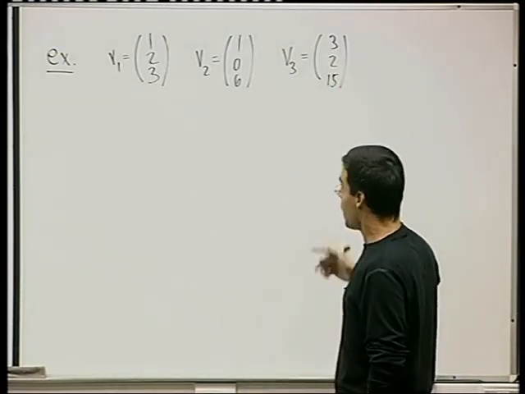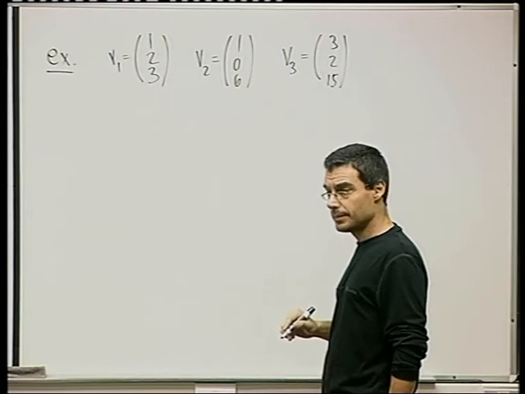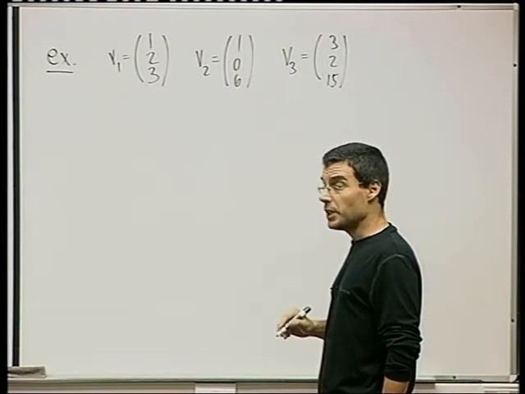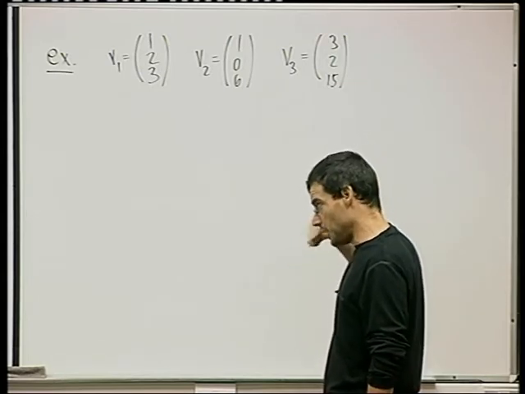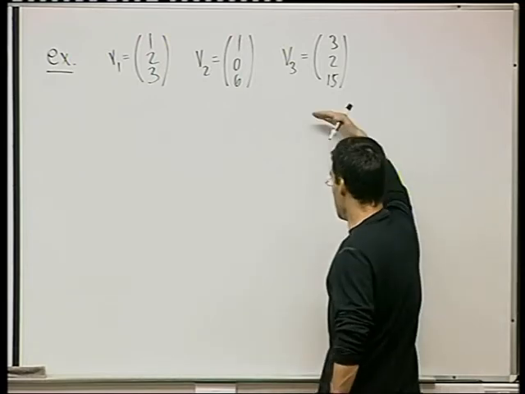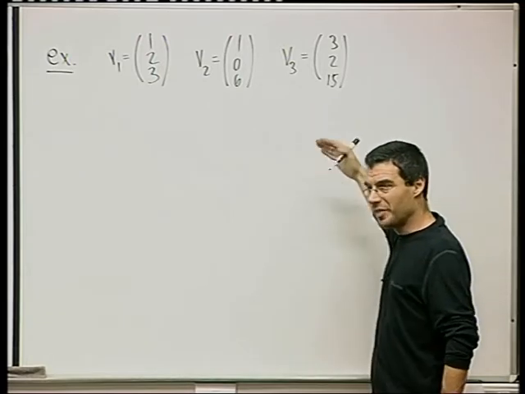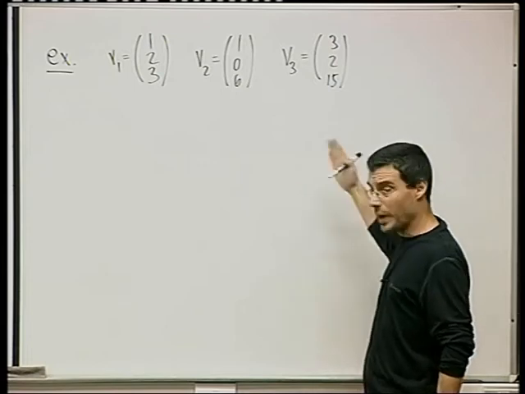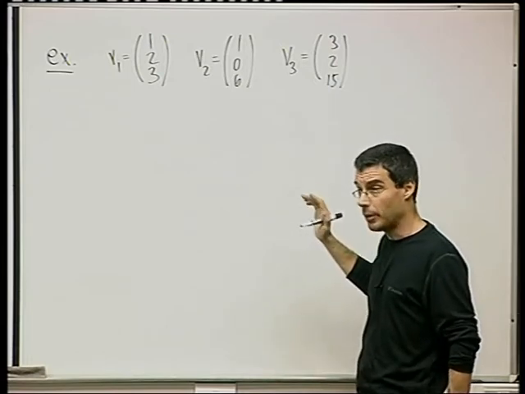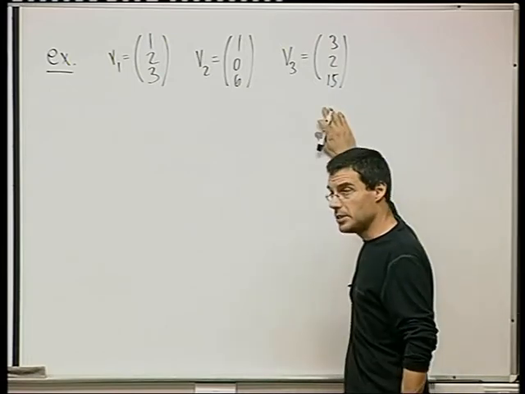Are they linearly independent? We need to check, right? But let's start doing the logical steps, the equivalent phrasings of the same question, but let's not write everything down. So we want to know if they're linearly independent.